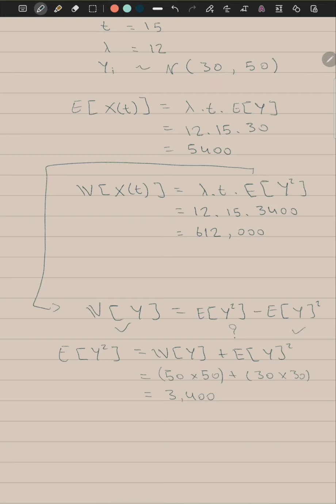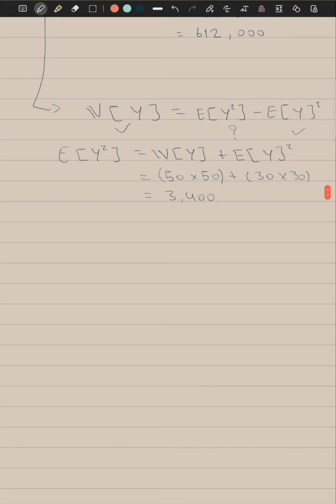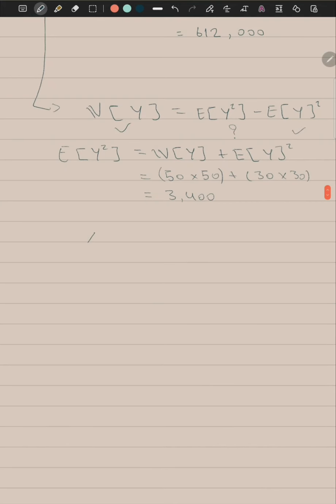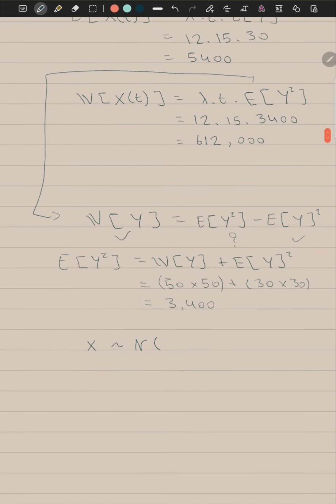So what's next? Now we have our random variable X. Using the central limit theorem, we can assume it's normally distributed with 5,400 as its mean and the square root of this as its standard deviation.